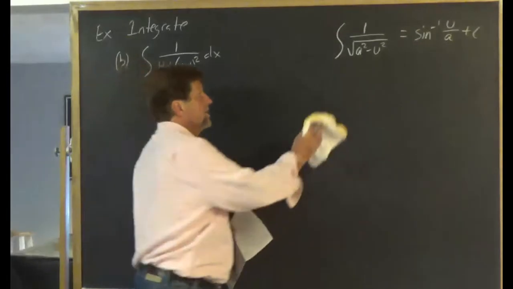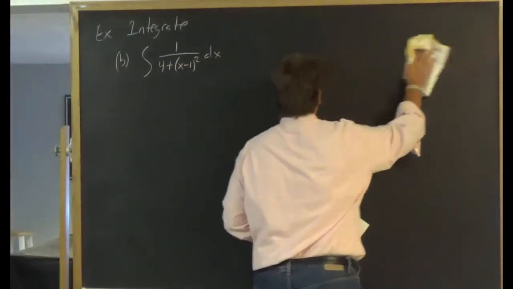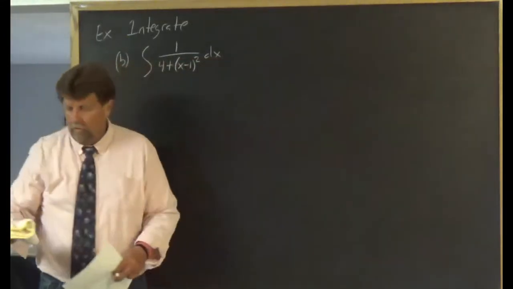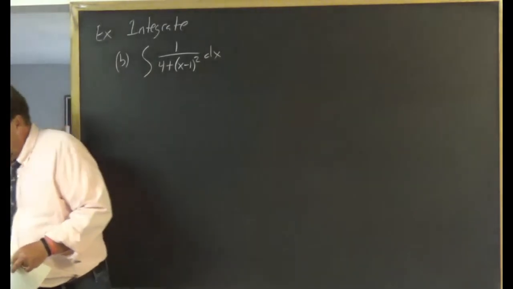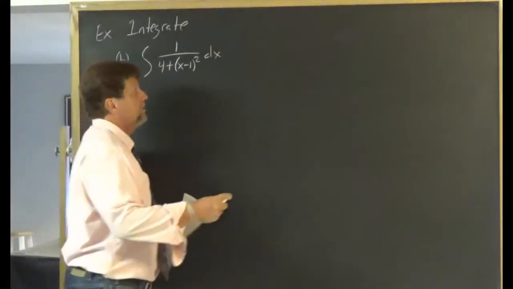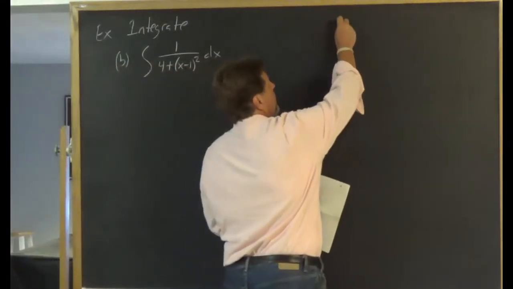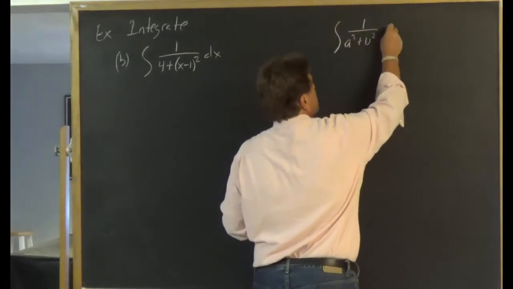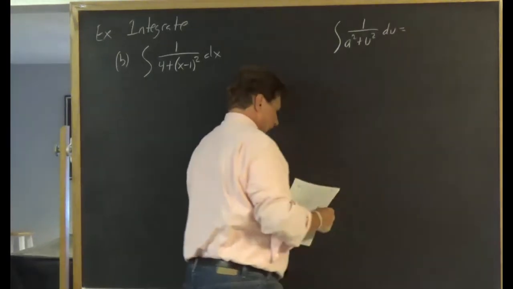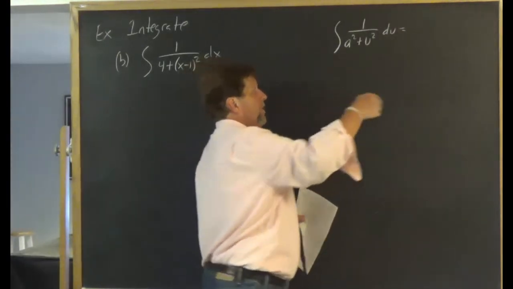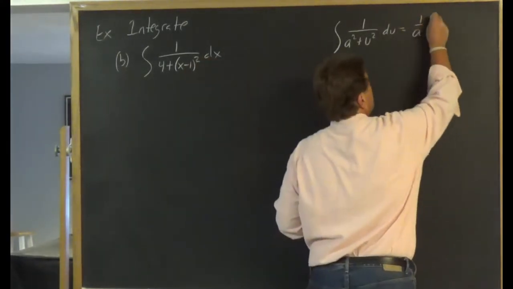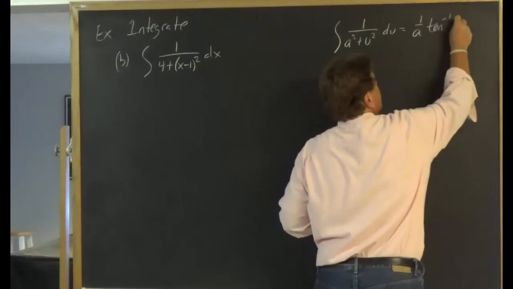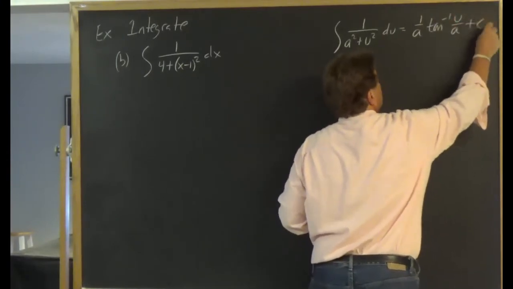Well, that looks to me like the general form that produces inverse tangent. I mean, we know the integral of 1 over a squared plus u squared has an antiderivative of 1 over a, inverse tangent u over a, plus c.